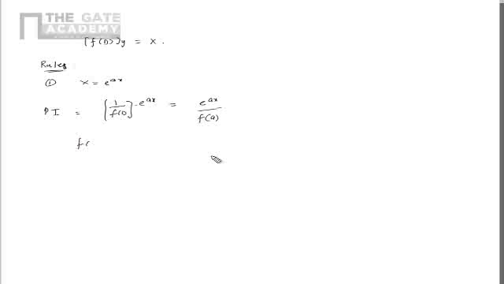Now what if f of a is 0? If f of a is 0, then 1 by f of D e^(ax) will be x into 1 by f dash of a, into e^(ax). So if you substitute directly and f of a comes out to be 0, then you just take the derivative of f.